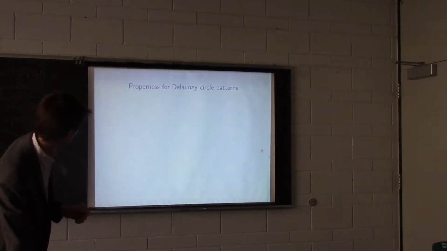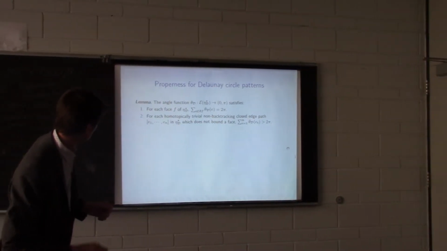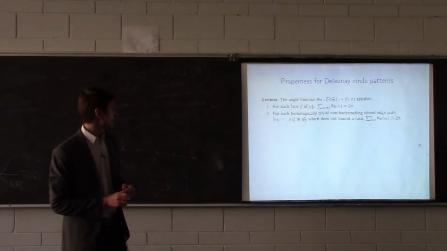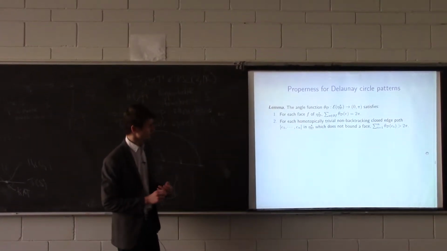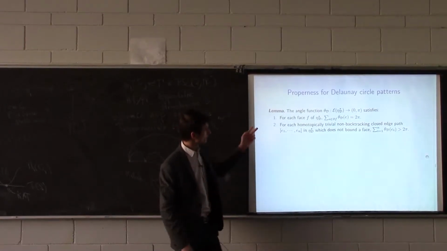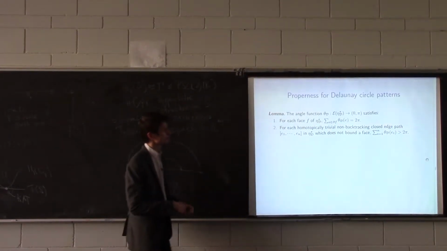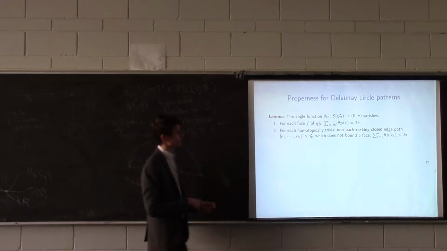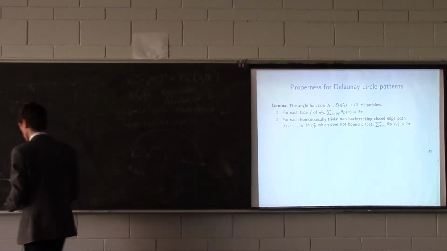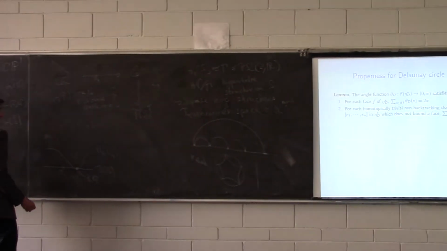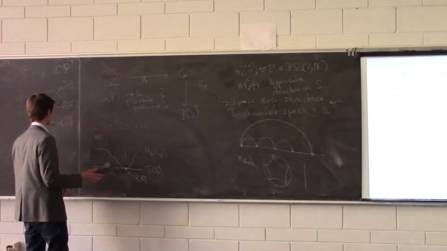So this angle function is nice. It satisfies a few things, which if you know something about polyhedra, you probably find familiar. If you go around the face of the dual packing, you always have to get angle 2 pi, which isn't too surprising because that was going around the vertex.